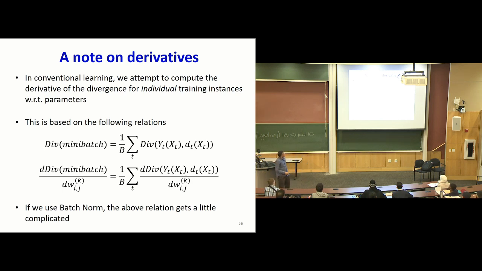Here, you compute the average divergence over the mini batch, and then when I take the derivative, it's the average derivative of the individual instances, where I can compute the derivative for any individual instance independently of every other guy, right?